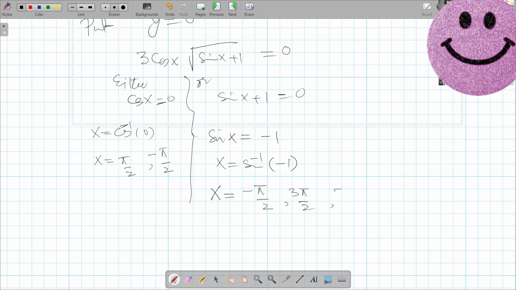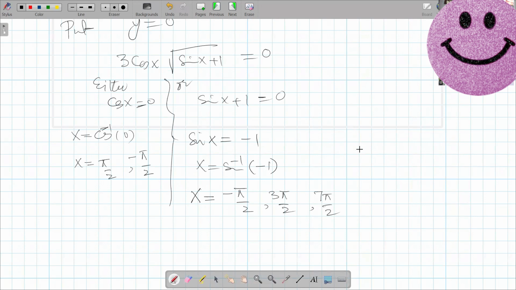So we have values now: negative pi by 2, 3 pi by 2, 7 pi by 2. Negative pi by 2 is here, 3 pi by 2 is also at this point, and 7 pi by 2 is also at the same location.